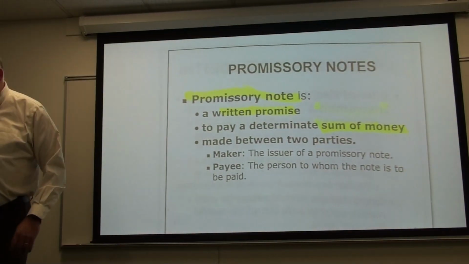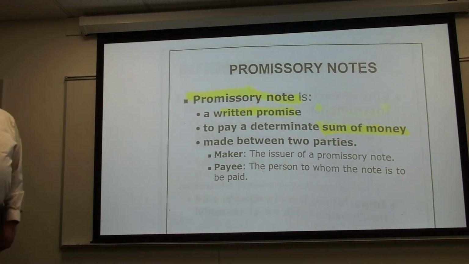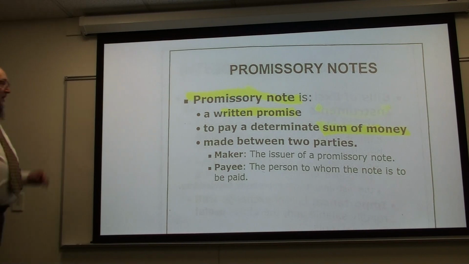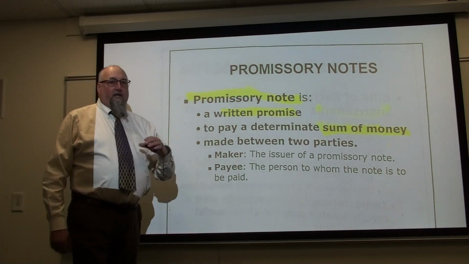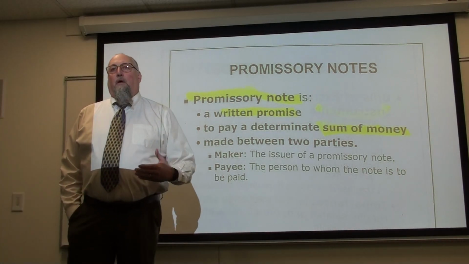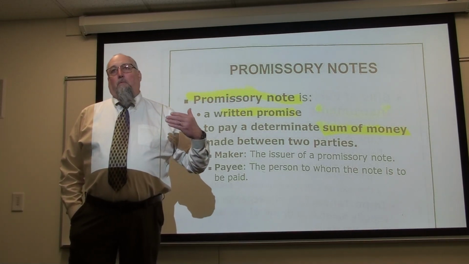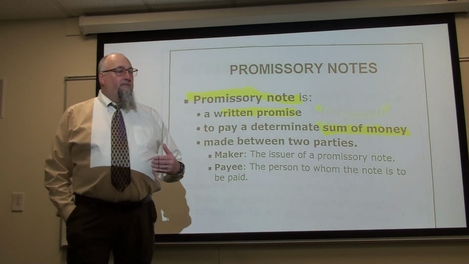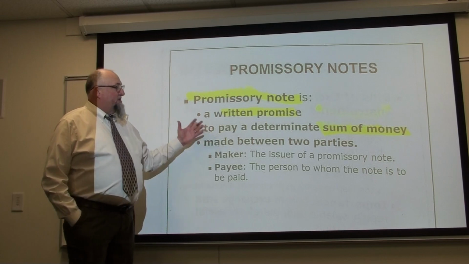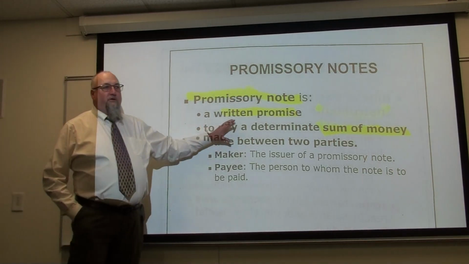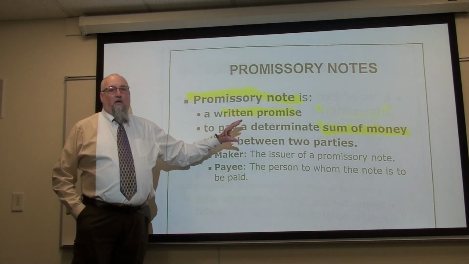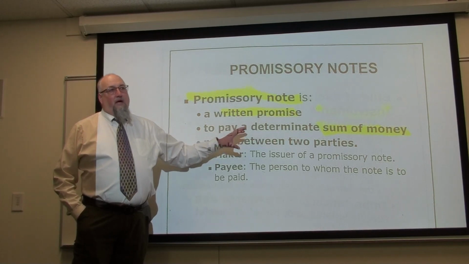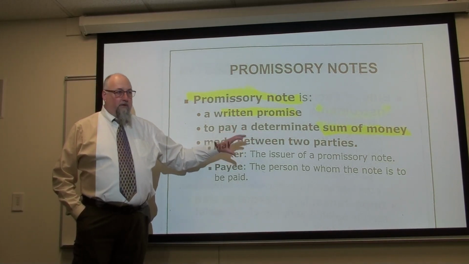Okay, next we have promissory notes, so we're on page 51. A promissory note is like a check in that it is a piece of paper that is a guarantee of payment. But the difference is it is for what amounts to a debt. In other words, a promise to pay money in the future.